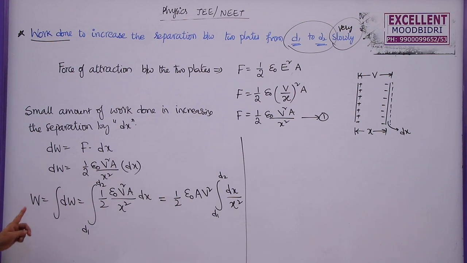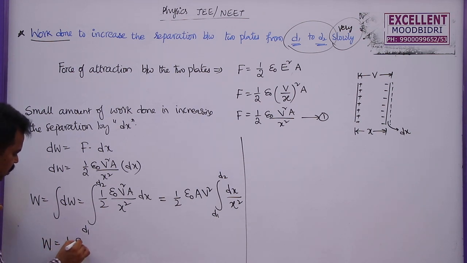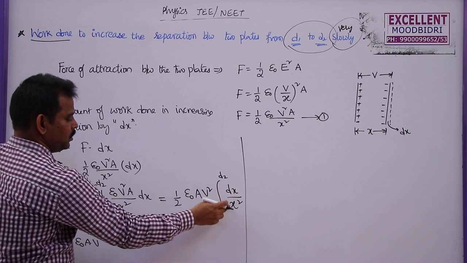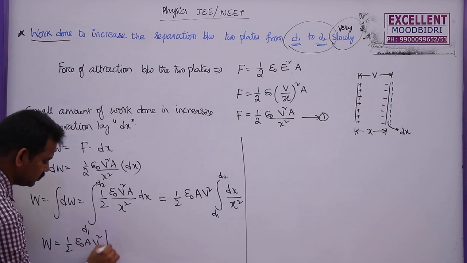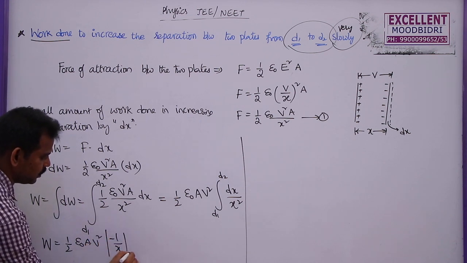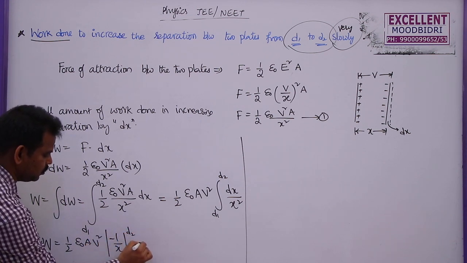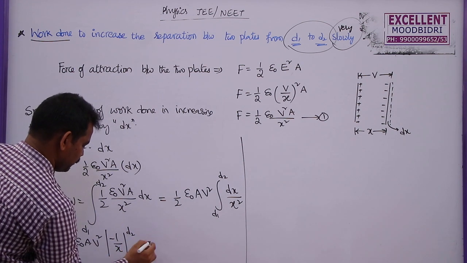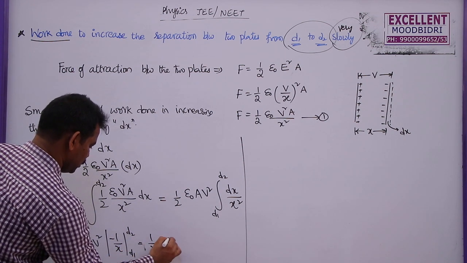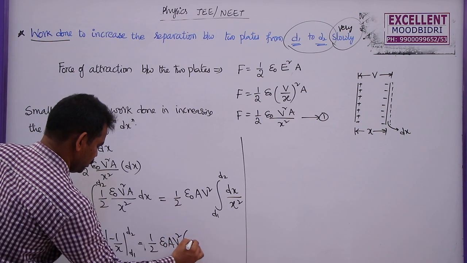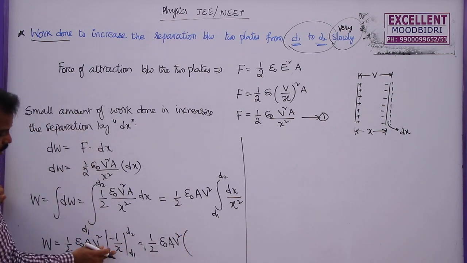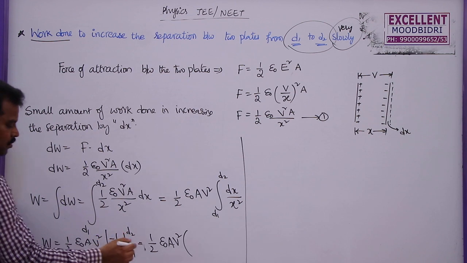Now, the total work done is given by W is equal to half epsilon naught A V square, and the integral of dx by x square is equal to minus 1 by x. So this is minus 1 by x with the limits d1 to d2. Here it is given by half epsilon naught A V square times minus 1 by upper limit d2, minus of minus 1 by d1, which becomes plus.